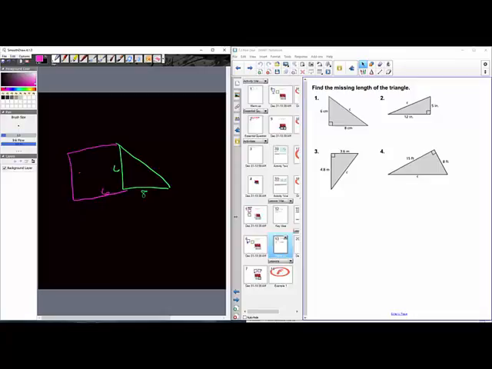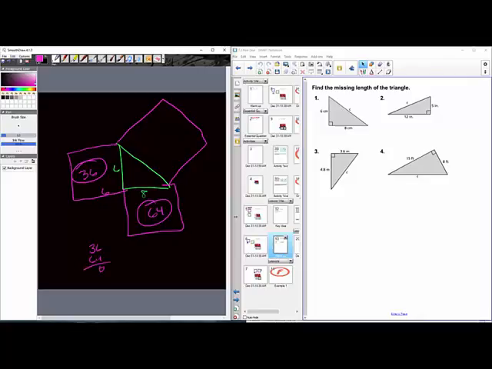And 6 times 6 is 36. And 8 times 8 is 64. And all together, when I add that up, I should get 36 plus 64, and that should add up to 100. So this whole box equals 100.